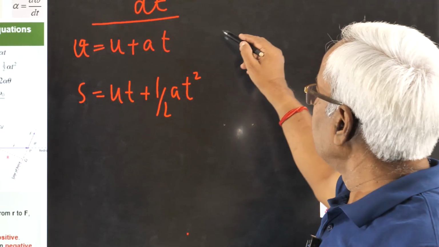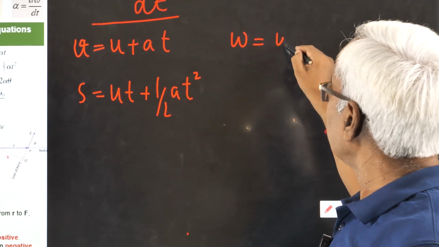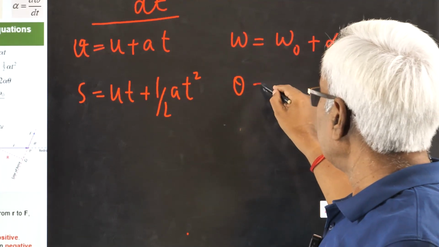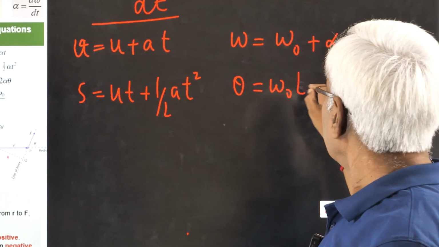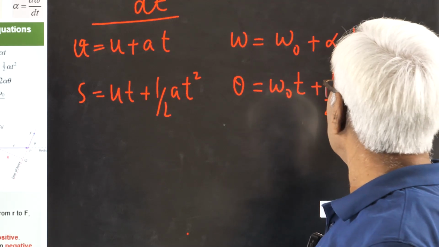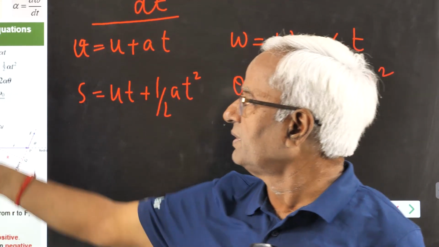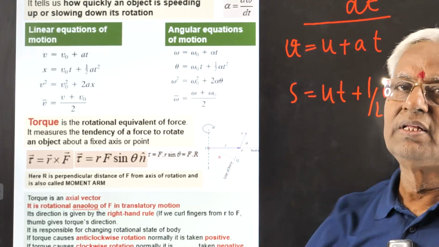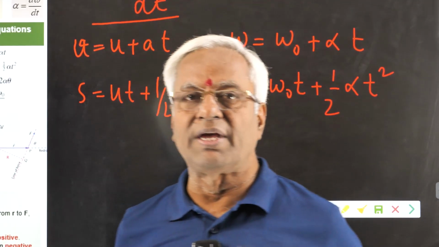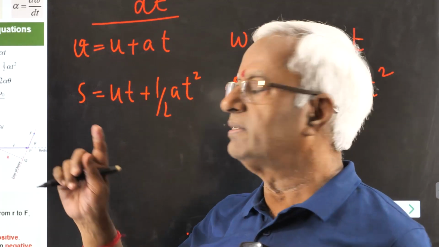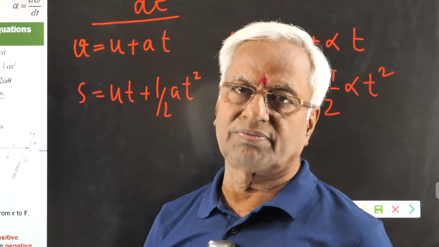In place of final linear velocity, it's going to be omega 0 plus alpha t, and here also we have the analog for the second equation. Similarly, the third and fourth equations have been compared over here. So all the equations that we have in linear motion are exactly transformable into rotational motion.